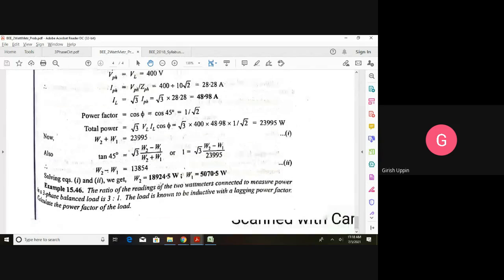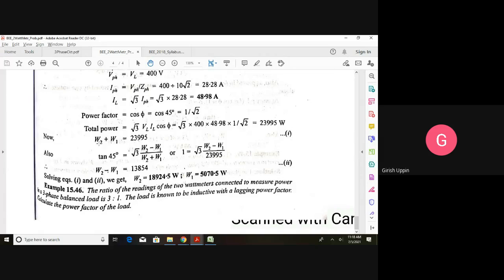Now total power is root 3 into VL IL cos phi. You get 23,995. W2 plus W1 is 23,995. You know phi, tan phi. This is the equation: root 3 times (W2 minus W1) divided by (W2 plus W1). Therefore, by solving this equation and this equation, we get W2 as 18,924.5 and W1 as 5,070.5.